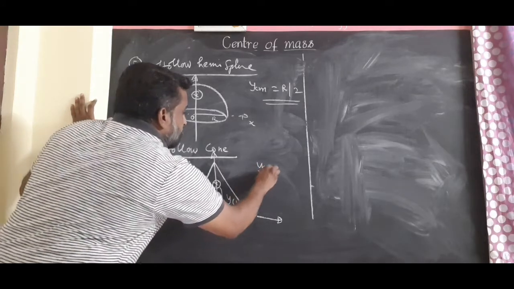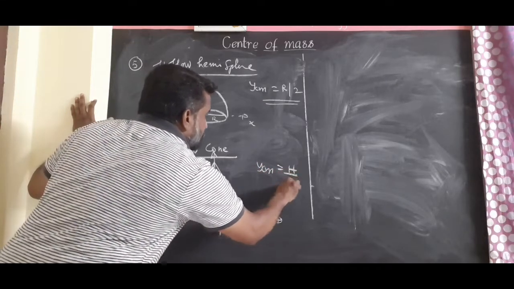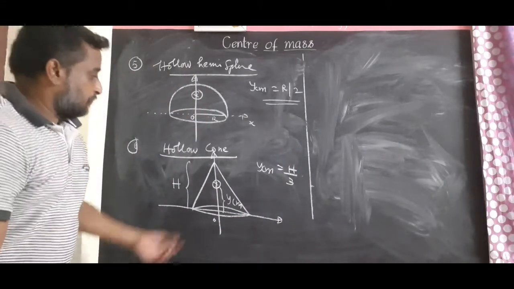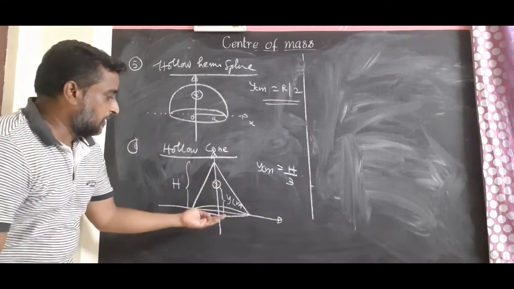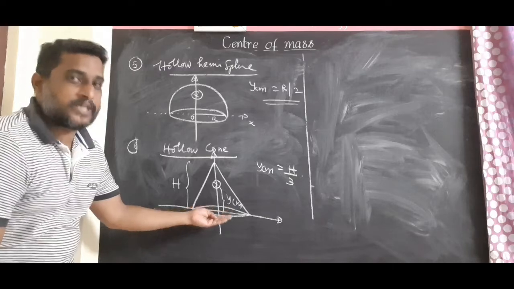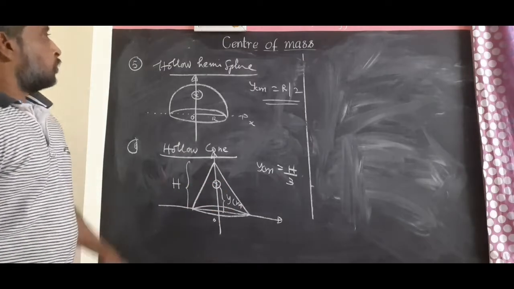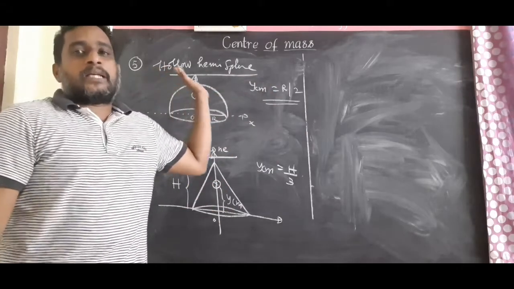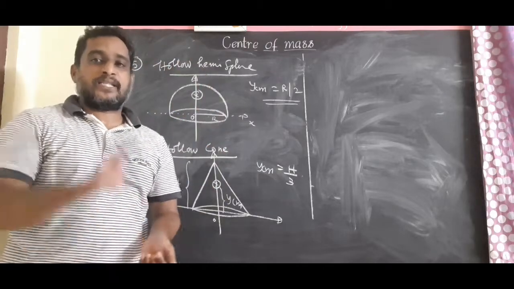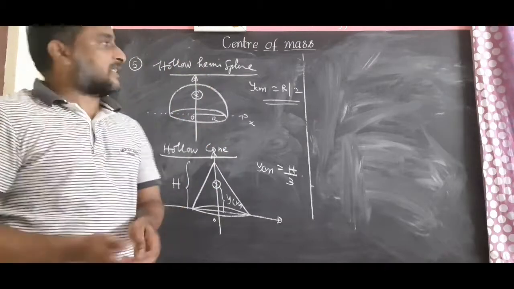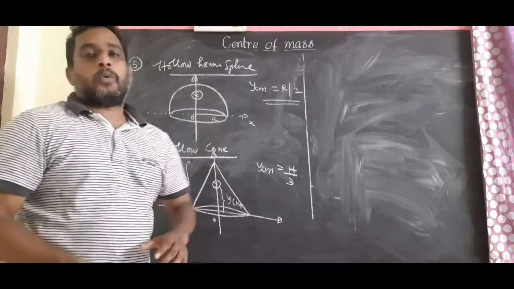In this case, YCM will be equal to h by 3. The center of mass will be at a height of h by 3 from the base of the cone. So these four examples actually come under surface mass distributed bodies: sector, semicircular disc, hollow hemisphere and hollow cone.